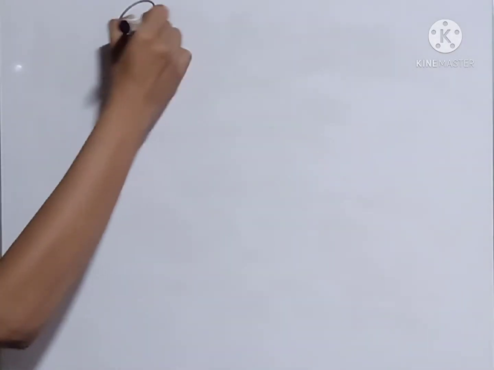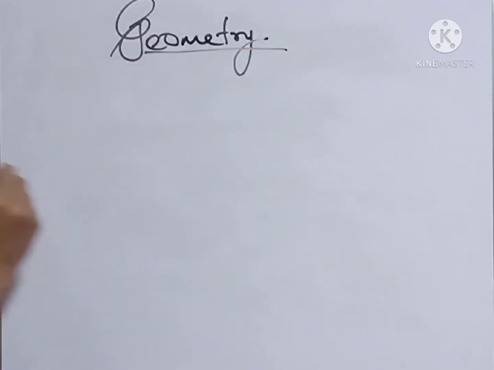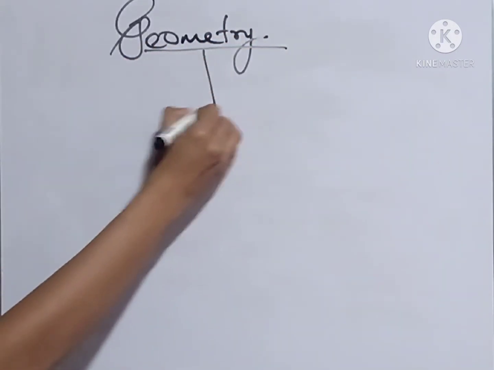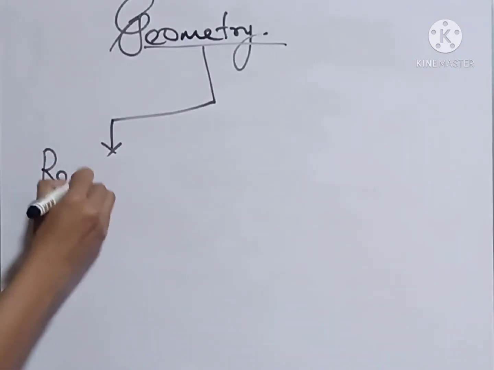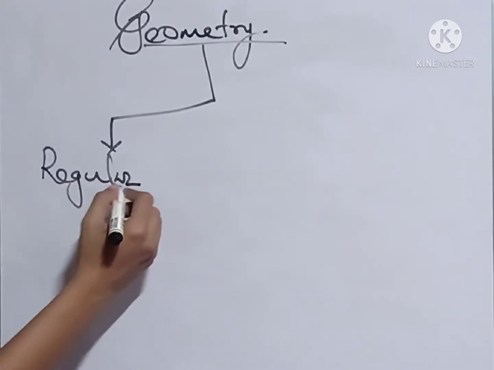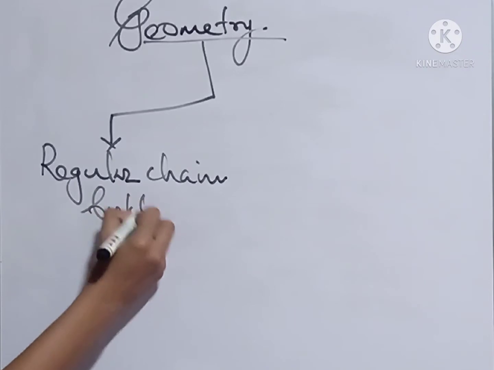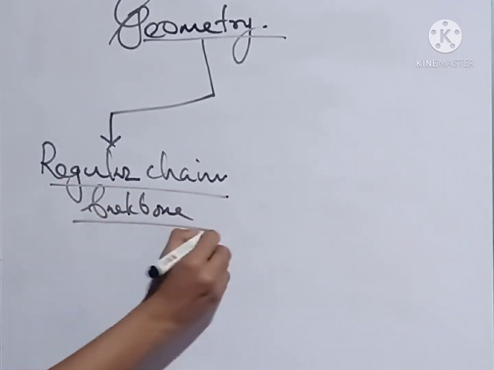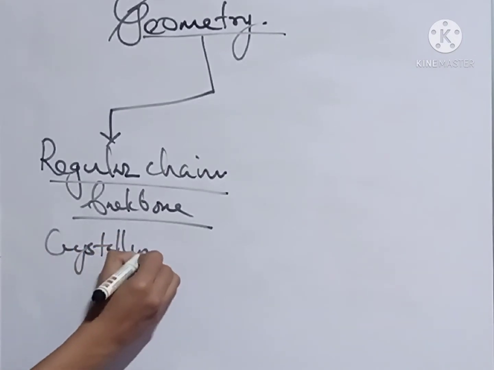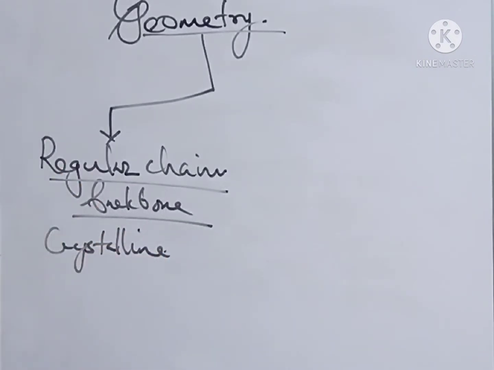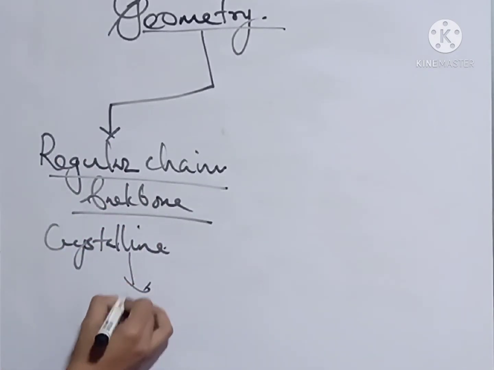Then if you talk about the geometry of polymers and its relation with the glass transition temperature, some polymers possess a regular chain backbone, and these types of polymers are crystalline in nature. That means we have to provide more thermal energy to convert it into a rubbery state.